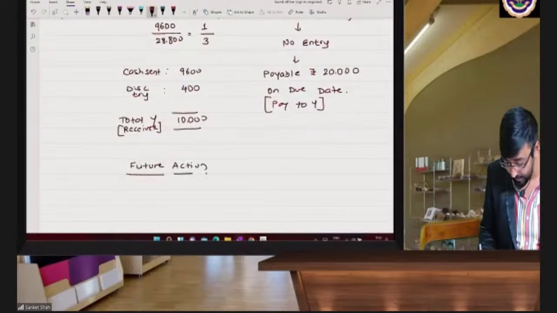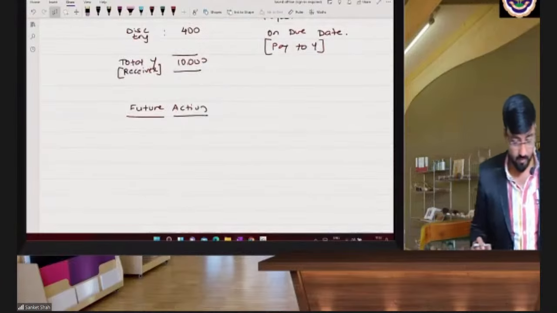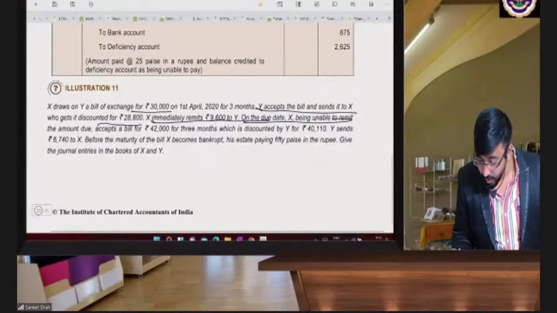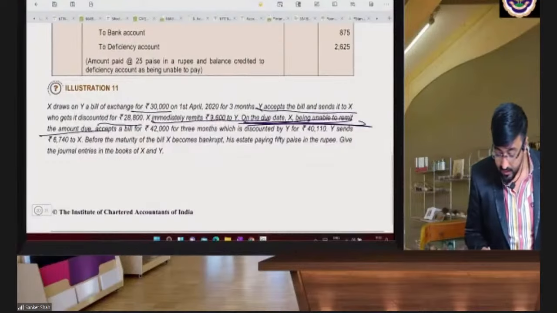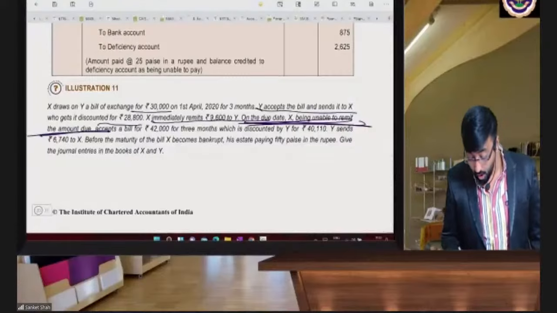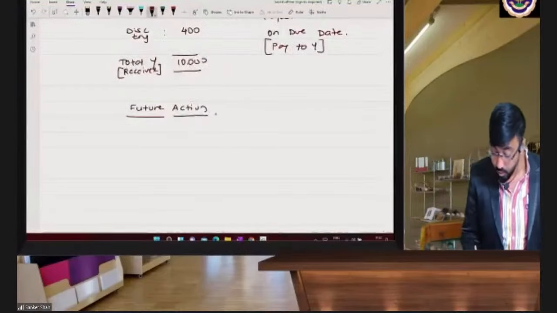Now understand. This is a future action. On the due date, X is unable to pay. X has not paid the amount. So what happens?